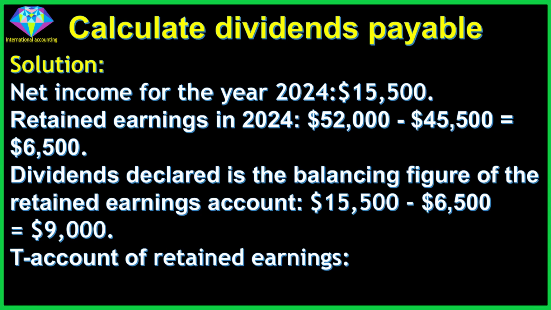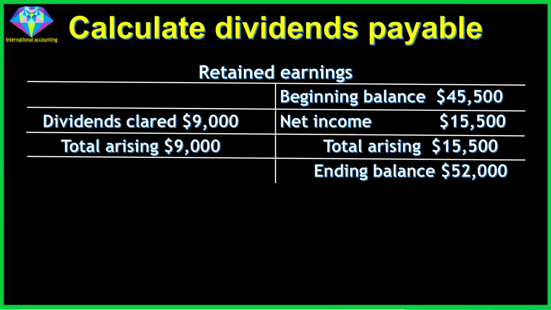T account of retained earnings. In the T account, we have the following items: beginning balance $45,500, net income $15,500, ending balance $52,000.